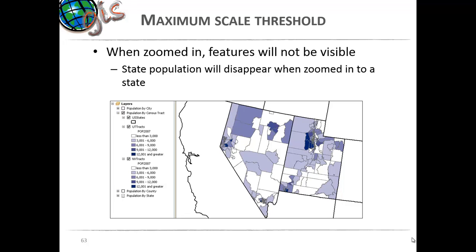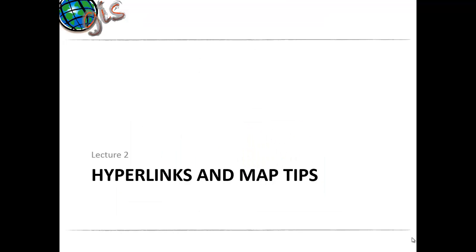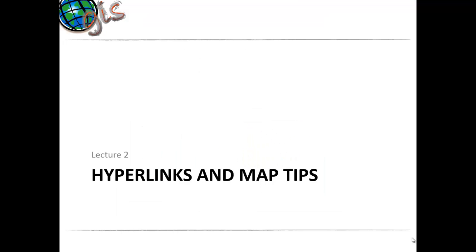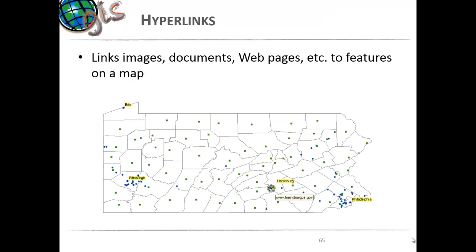So the state population will disappear when zoomed into a state, and then the census tracts will start to appear at that level, because looking at a thematic map of the entire United States population is irrelevant there. So the maximum scale threshold is also very critical when you design your map documents. We'll see how that's done once we're on the walkthrough.